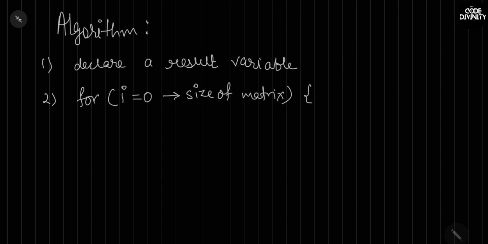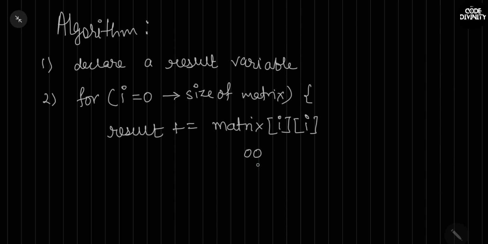Now within this for loop, we will perform the summation and store the value into our result variable. So for the first diagonal, our condition will be matrix of I and I. So it will be iterating over matrix 0 0, 1 1, 2 2 and so on.